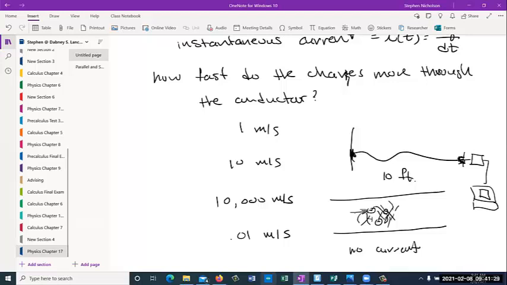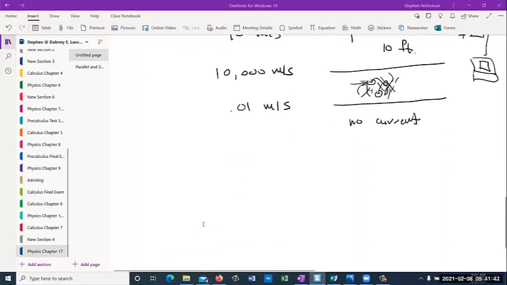And if you do that calculation, let me find the number. Like I said, you can look it up in your book. And I've got a number somewhere here. Okay. Well, actually, it's called the drift velocity, not the bulk velocity.